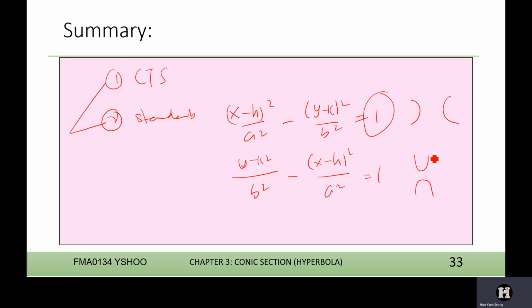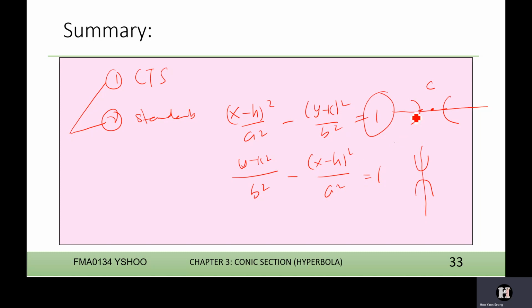Doesn't matter what your shape is, the one in the middle is called the center. If it is horizontal, then all the points must be on the line parallel to your x-axis. The one opening up and down must be parallel to your y-axis. And remember the one joining the vertices is called the transverse axis, and the complement is called the conjugate axis.